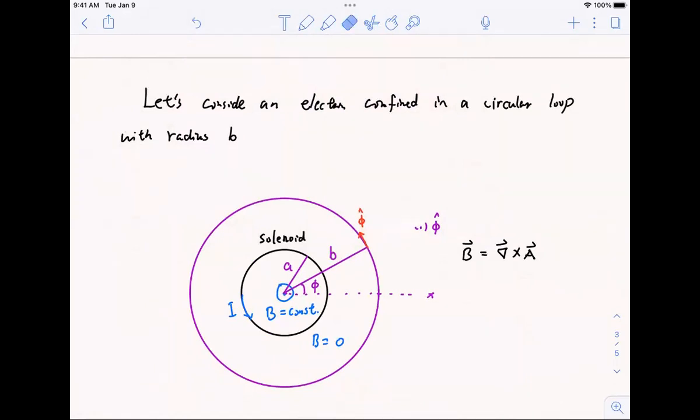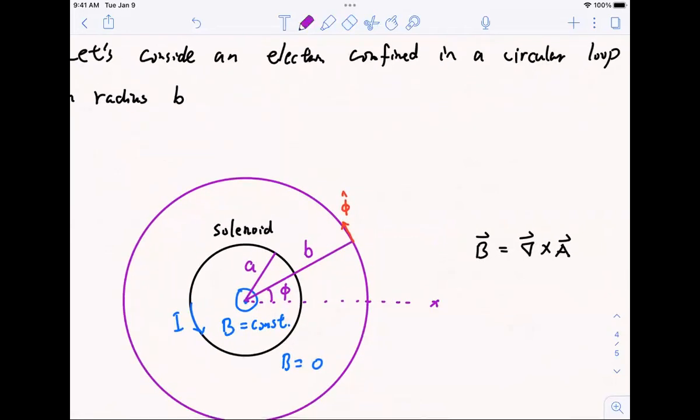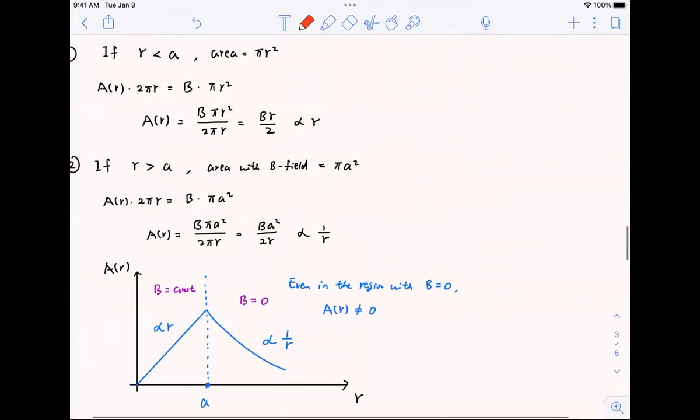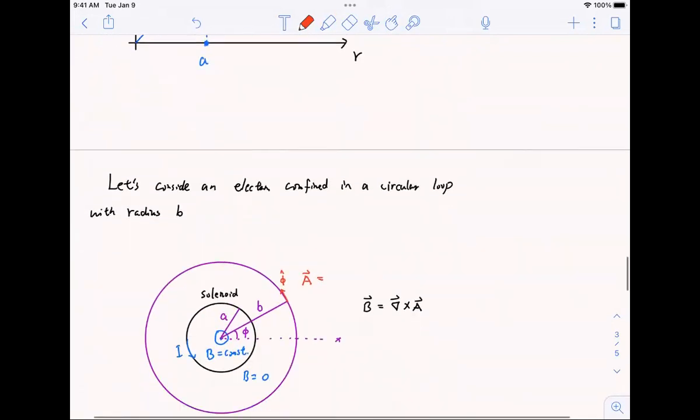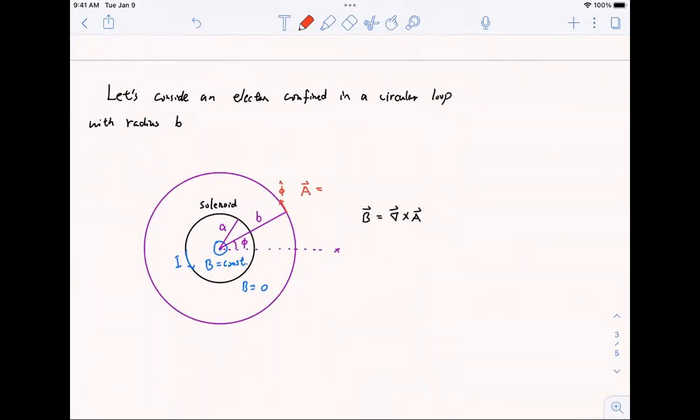Now this A here will be this thing. Let me see, it will be B a squared over 2b.